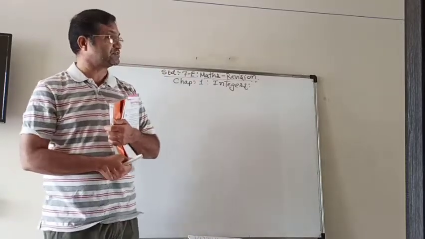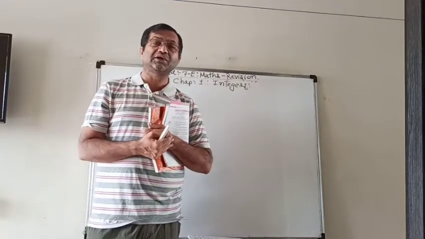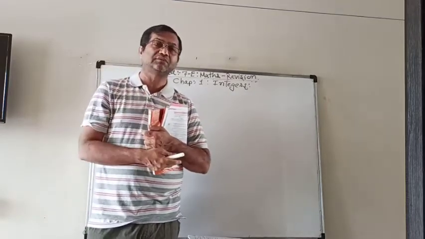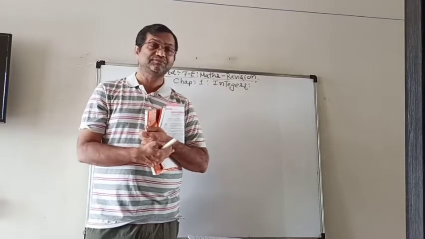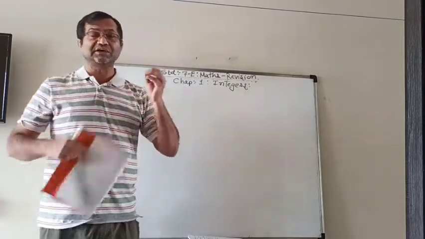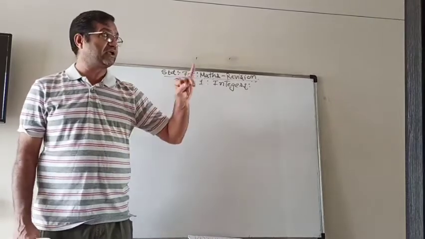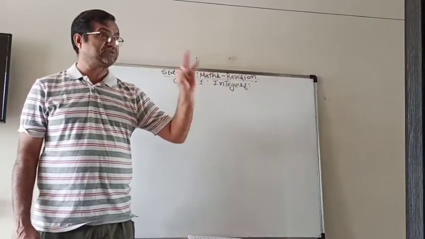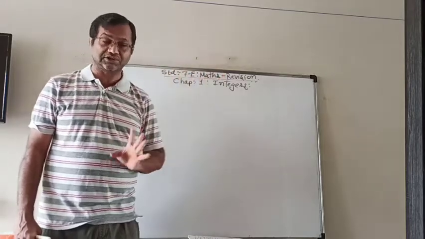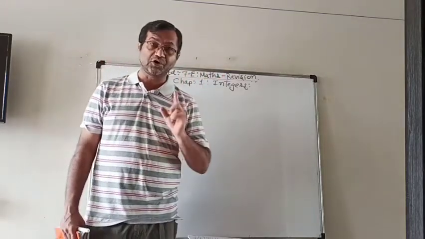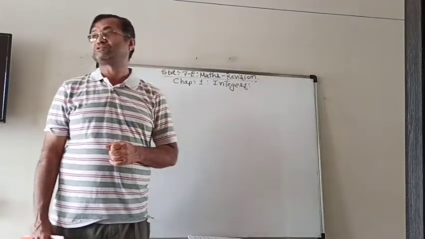Only division is not, because when we divide 3 upon 5, it is a fraction which is not an integer. So the integers are closed under addition, subtraction and multiplication, but not closed under division. Only for division they are not closed.